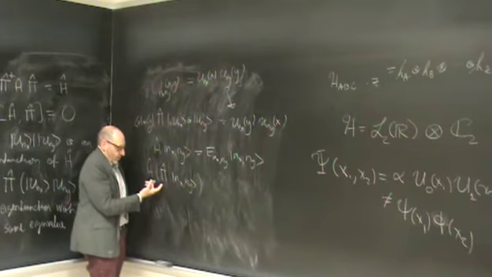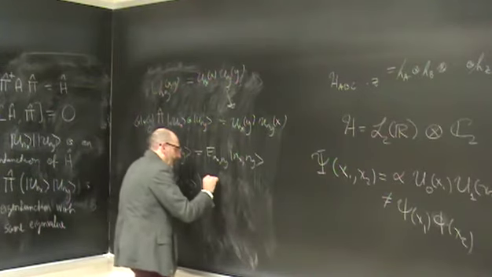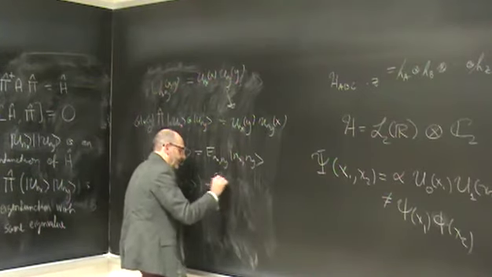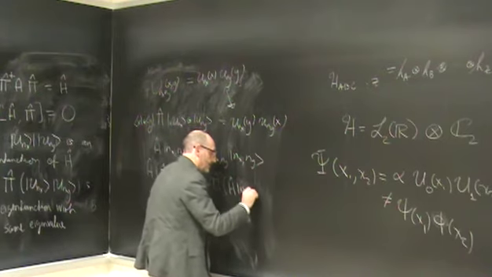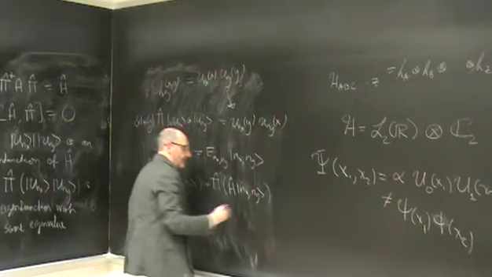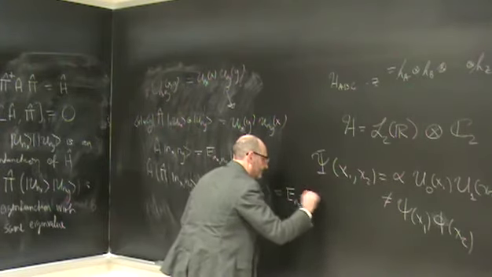Same energy, exactly the same energy, because these commute. Because they commute, I can move the Hamiltonian to the other side. This then is the same energy eigenvalue.